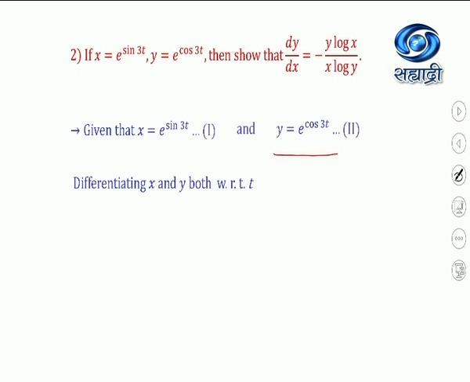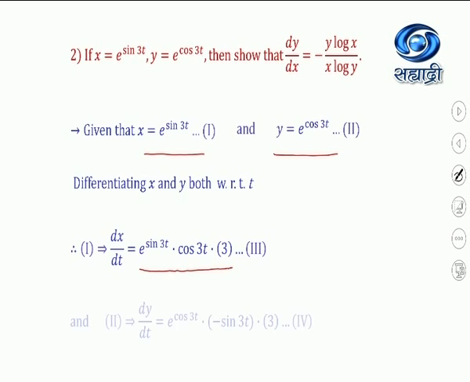And now differentiating both 1 and 2 with respect to the parameter t. Here number 1 implies dx by dt equals, here the derivative of e raised to sin 3t is e raised to sin 3t into the derivative of sin 3t, that is cos 3t, into the derivative of 3t, that is 3, by using the chain rule. We denote this by number 3.